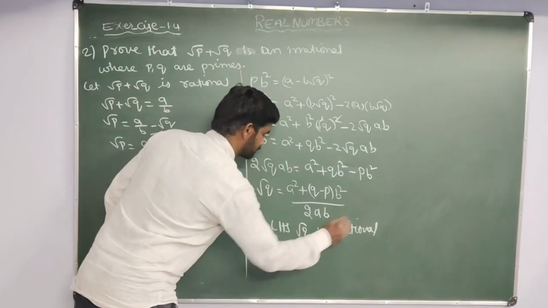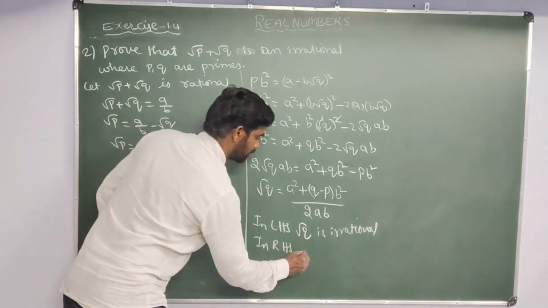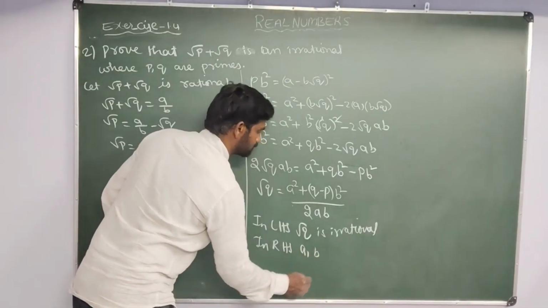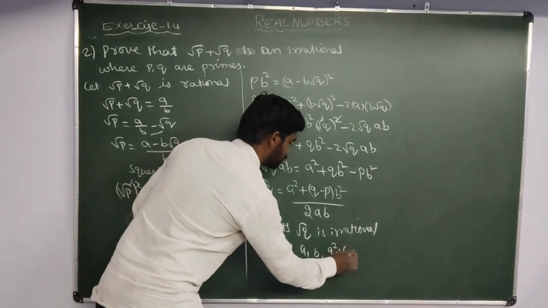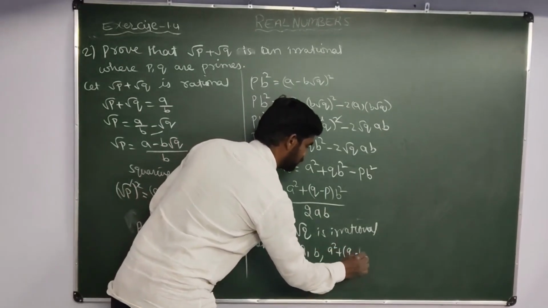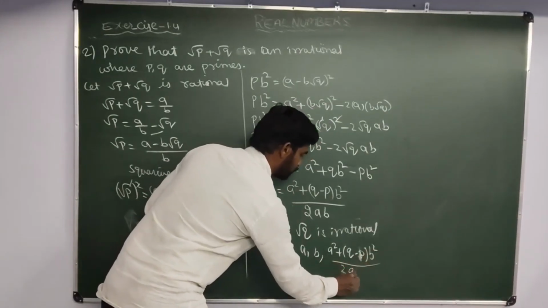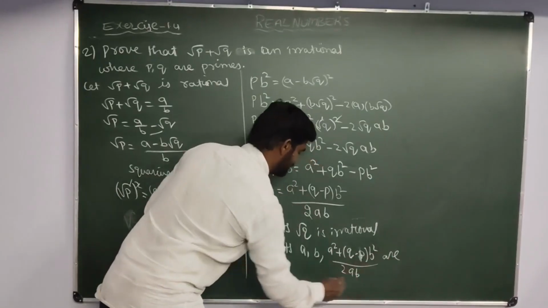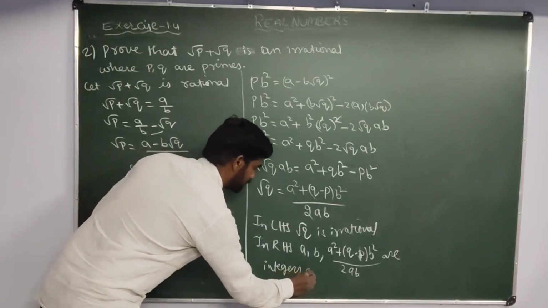In RHS, a, b, a square plus q minus p b square by 2ab are integers and rational.